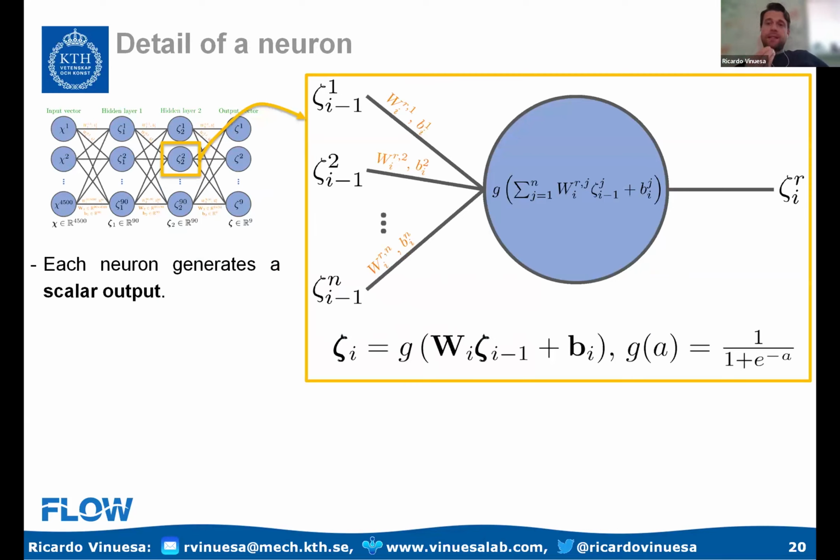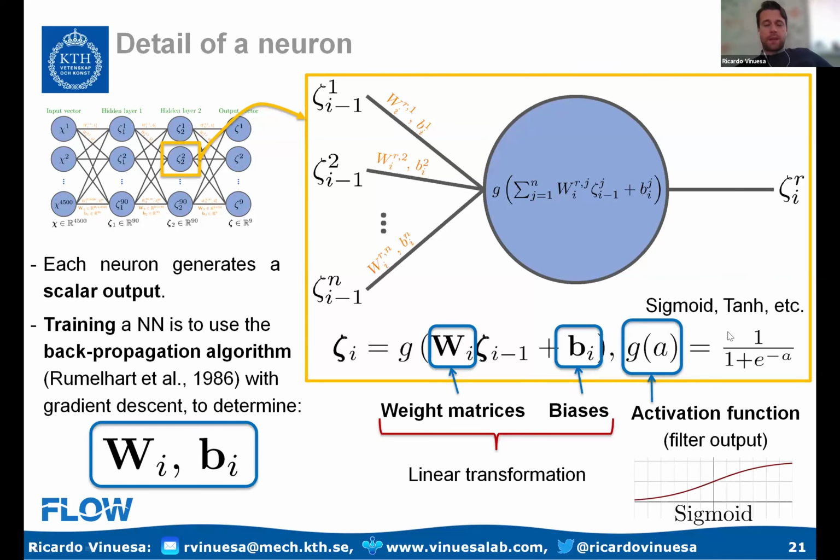The predictive capacity of a neural network comes from this nonlinear activation function that is applied after the matrix vector multiplication. This activation function, again, is a nonlinear function. In this case, I'm showing you a sigmoid, but it can also be a hyperbolic tangent or a rectified linear unit. The sigmoid has this shape that I'm showing you at the bottom.